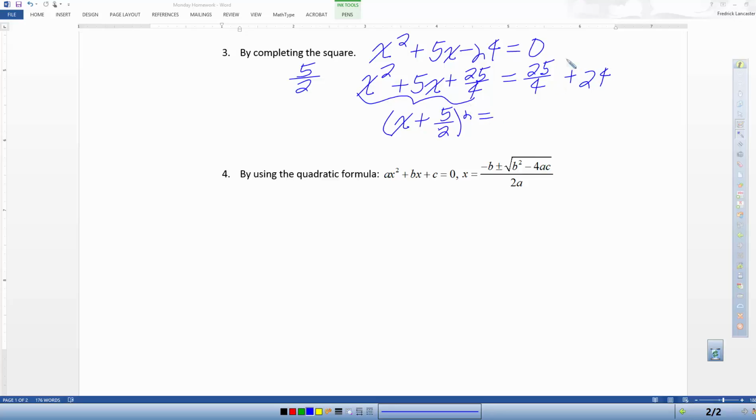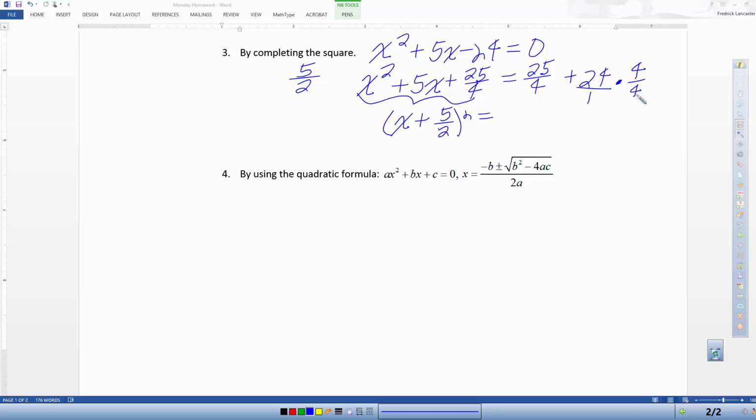Now on this side I have a problem. I've got fourths here, and this is just an integer. So I need to find a common denominator. So I can write this as 24 over 1 and multiply by 4, or multiply by 1 in the form of 4 over 4.